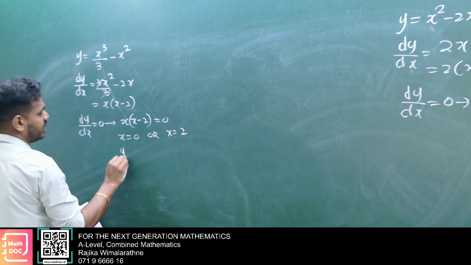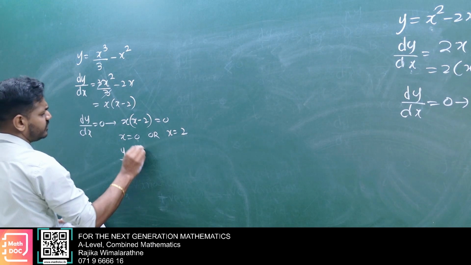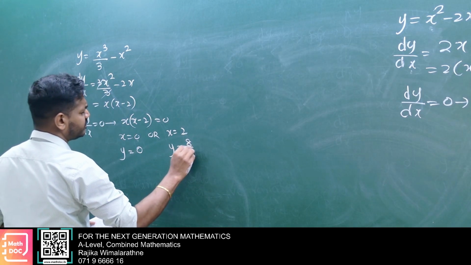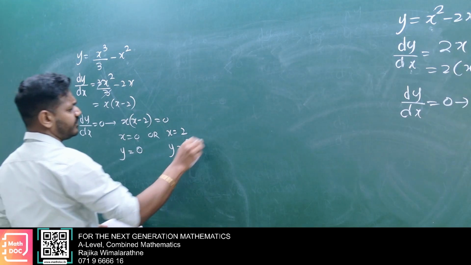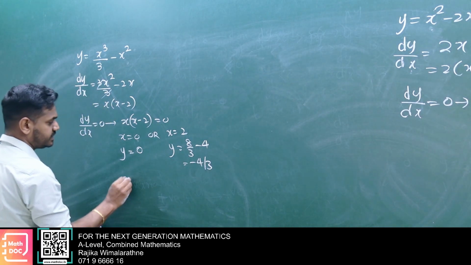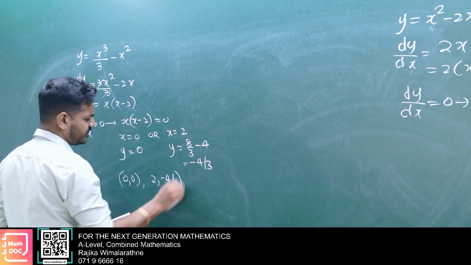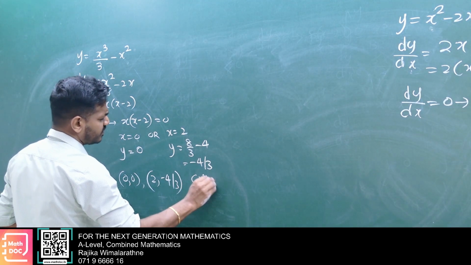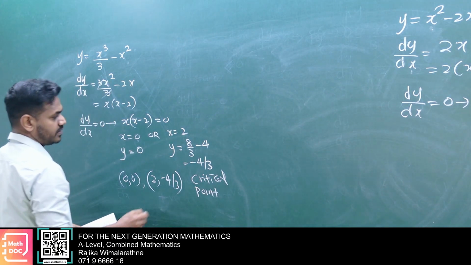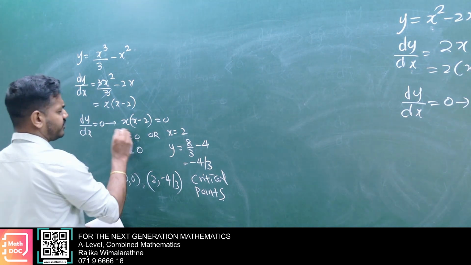When x is 0, substitute the y value here, 0. When x is 2, the y value is 8 over 3 minus 4, that is minus 4 thirds. Then the critical points are 0, 0 and 2, minus 4 thirds.